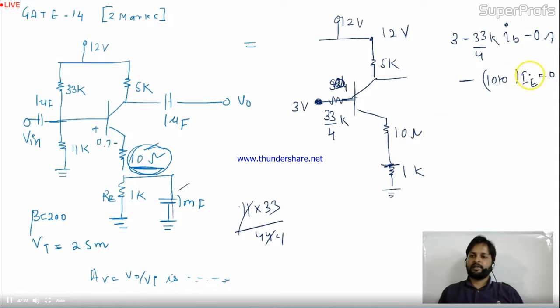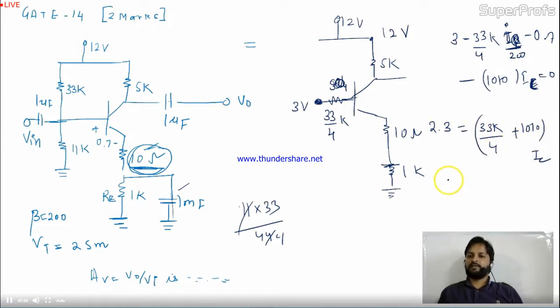This IE I can write as IC, no problem at all. This IB I can write as IC divided by beta, and beta is 200. So IC is unknown in the circuit now. So 2.3 equals 33K by 4 plus 1010 IC, divided by 200.